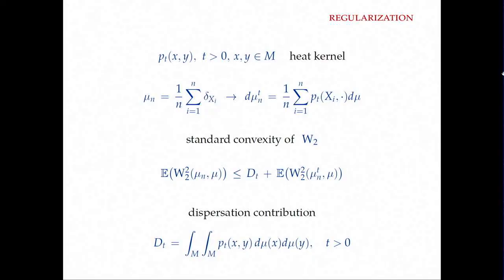First step is this regularization, which is simply the following. We just regularize the Dirac measure by the heat kernel. So we replace the empirical measure on the sample by this measure, which has a density given by the heat kernel on your manifold. So this is a way to smooth out the Dirac mass around Xi.